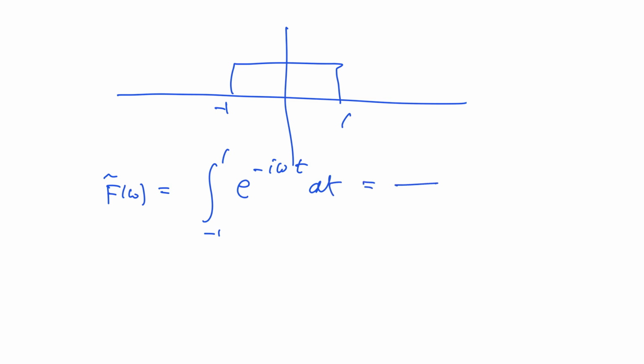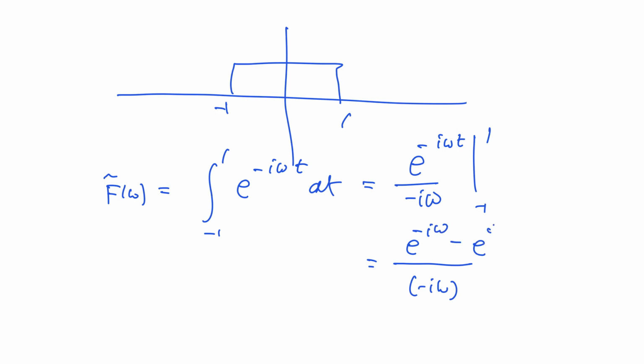So minus 1 over i omega exponential minus i omega t from minus 1 to 1, which is 1 over i omega times exponential i omega minus exponential minus i omega, which is 2 over omega times sine omega.